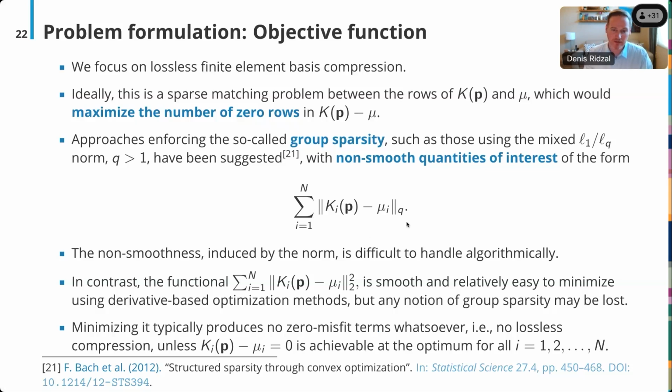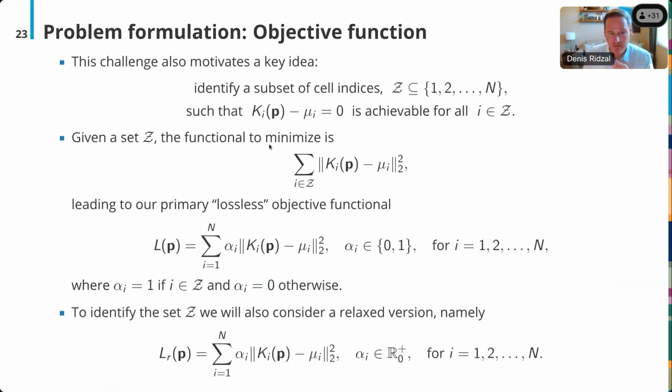And that was that instead of solving this non-smooth problem, we can solve a smooth problem as long as we identify a subset of indices Z out of this set, such that Ki of P minus mu I equals 0 is achievable in some sense for all I in this set Z. And so given such a set, then the functional to minimize is just the L2 squared norm functional, but now over indices that belong to the Z set, and that leads to our main objective function, the lossless objective function that I've given here.